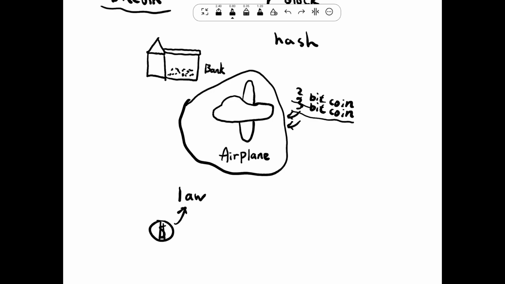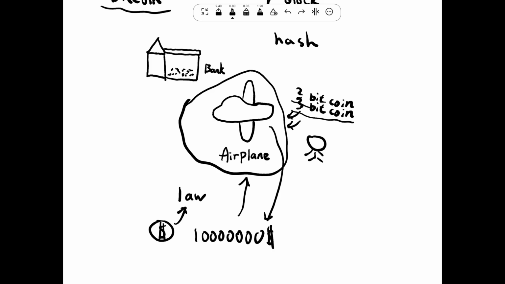Normal money is defined in the law, so if you have enough of it and want to buy an airplane, the seller who is selling this airplane must give it to you.